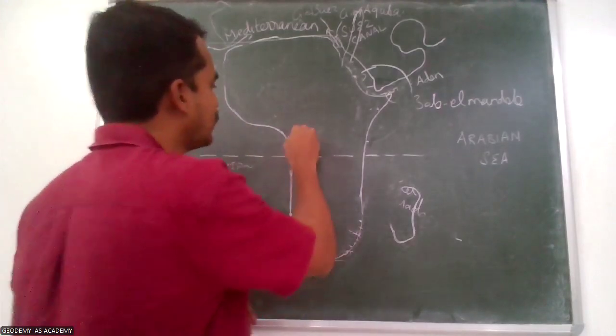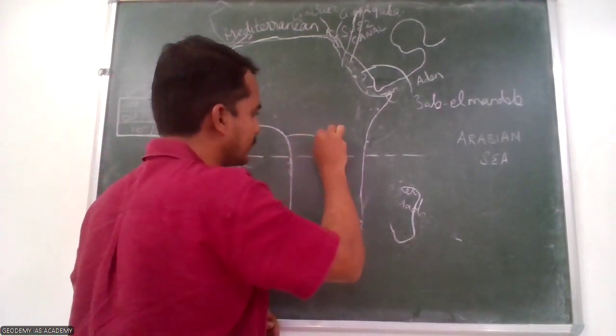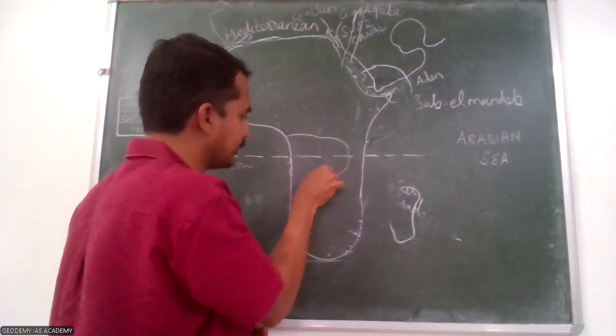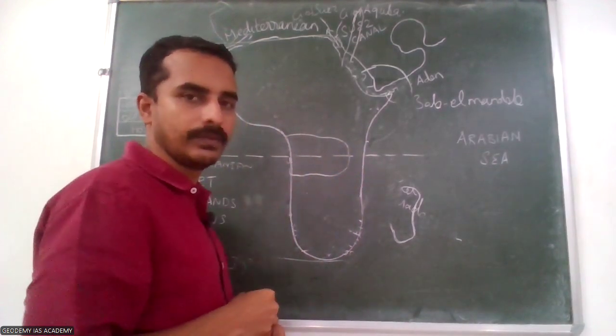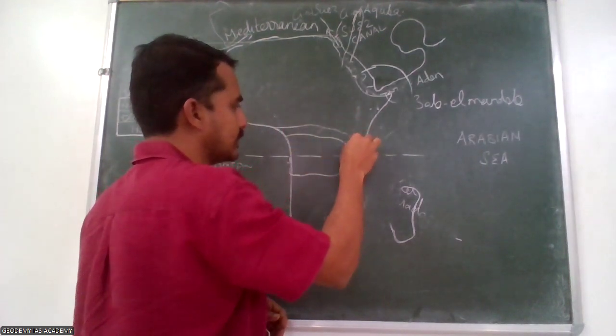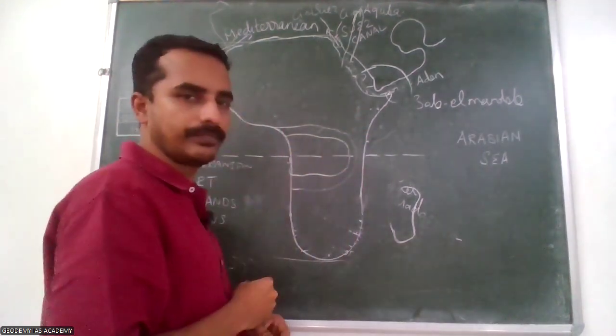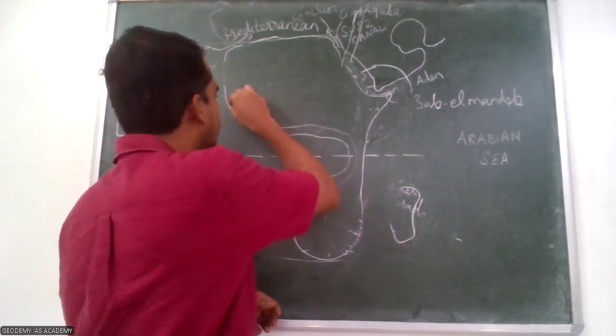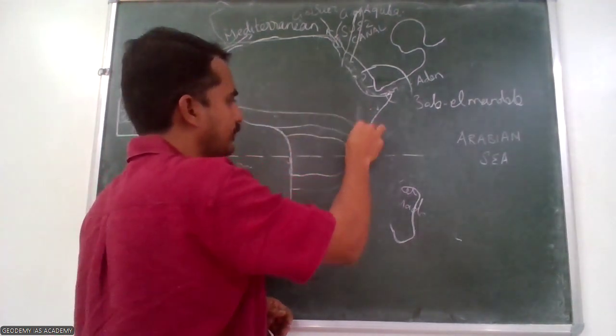That's all. So here it is equatorial type climate and the heavy rainfall region. And then the woodlands, that is the deciduous forest regions, here. And then the savanna grassland region here.